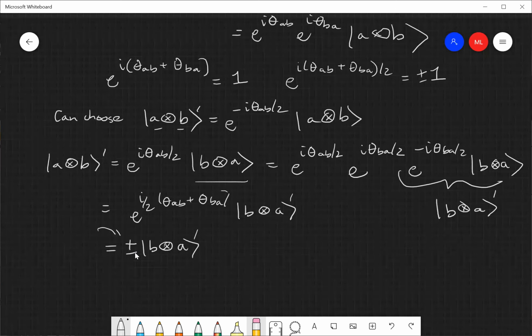So the two possibilities are as follows. And all this is completely determined by what we mean by identical particles.